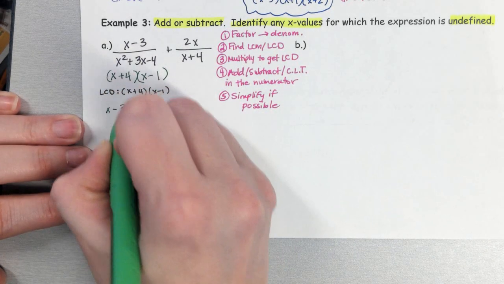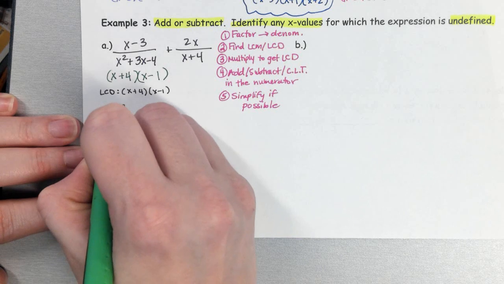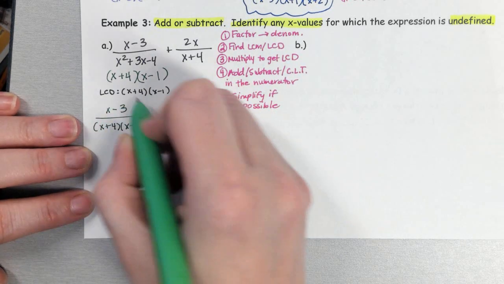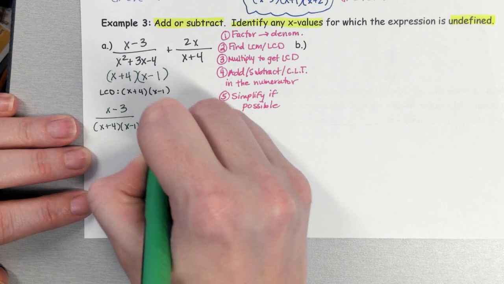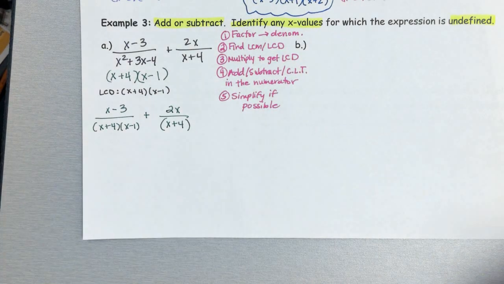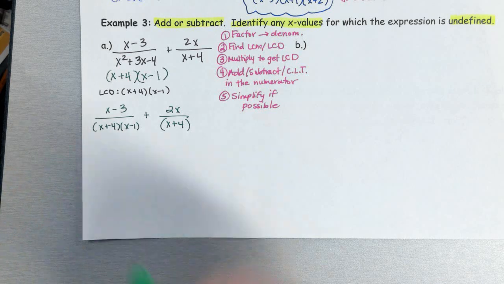So when you are doing this, I'm going to write this out as factors. This is plus 2x over x plus 4. Okay? All you have to do is multiply by what is missing from the LCD. Okay? So all we did here is we just rewrote this with the factored denominator.